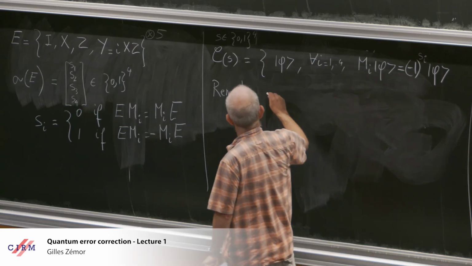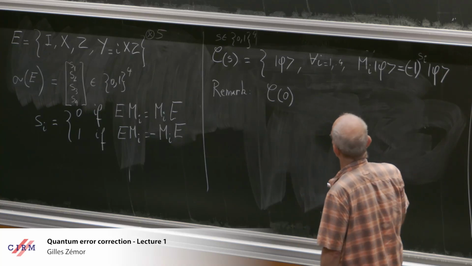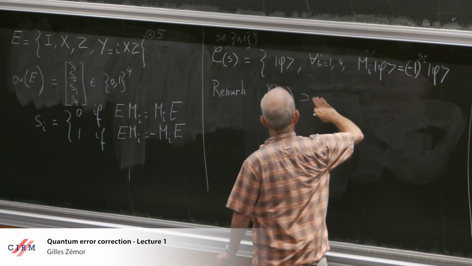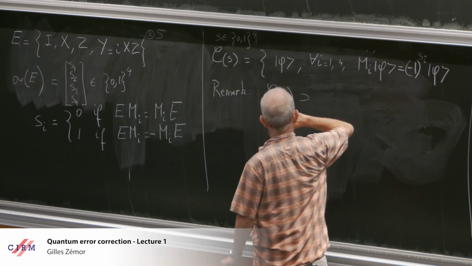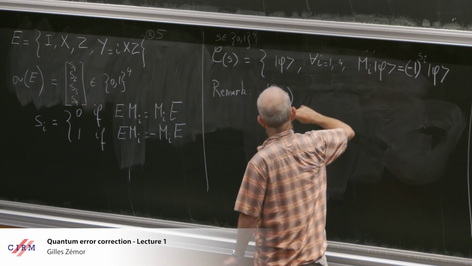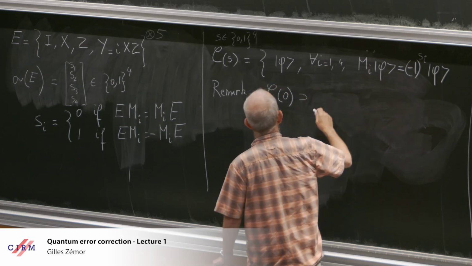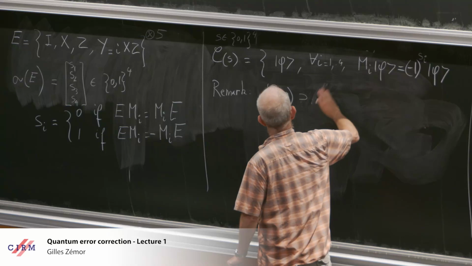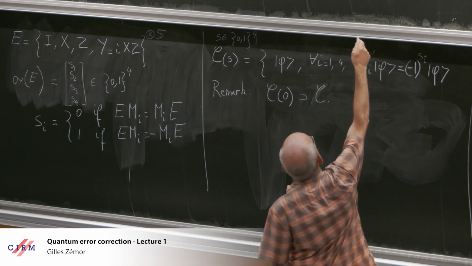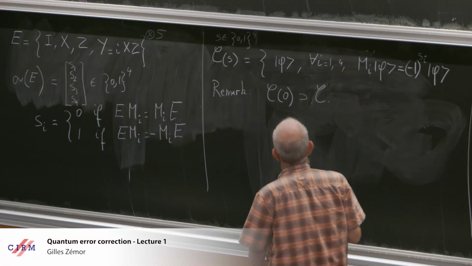okay, two things. C0 contains our quantum code C, the subspace generated by psi 0 and psi 1.